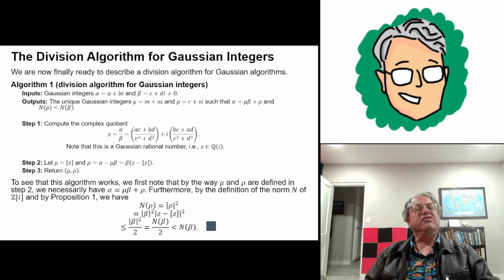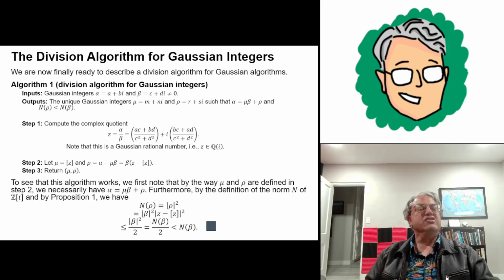Mu is m plus ni, and rho is r plus si. Mu is going to be the quotient of alpha and beta, but it's going to be the nearest Gaussian integer quotient. And rho is going to be the remainder. And we'll see that the norm of rho is strictly less than the norm of beta when we do that. So this is a division algorithm. That's what we want.